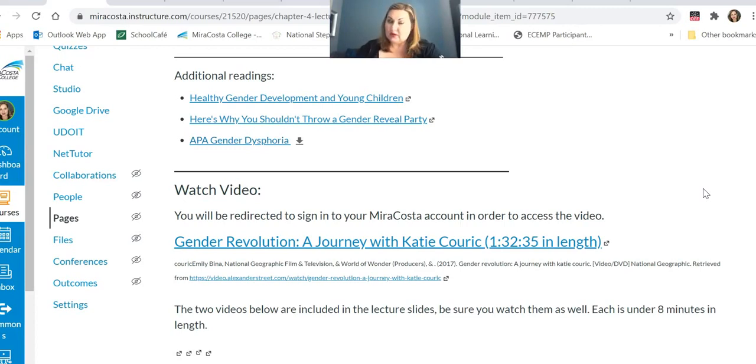But also, because we're looking at it from a Western lens, understand that many other cultures that are not Western cultures look at gender very differently, not in a binary way.